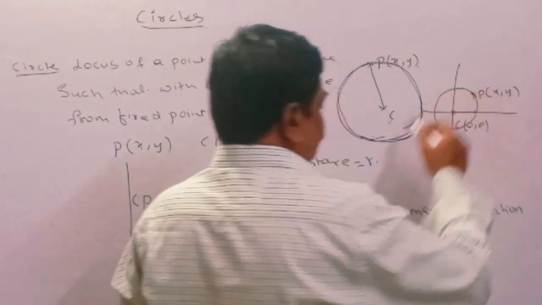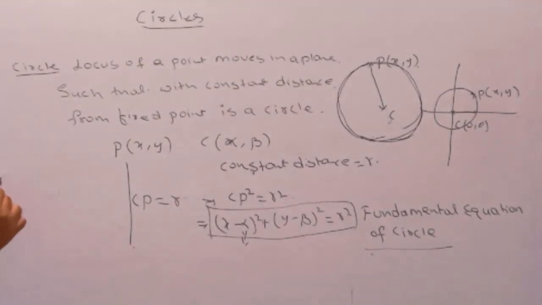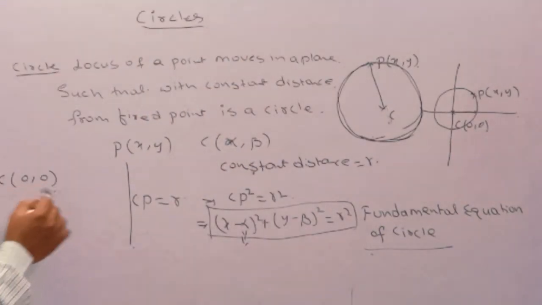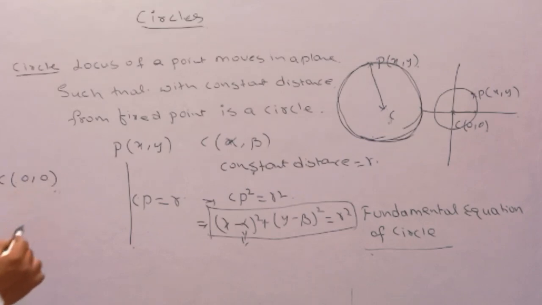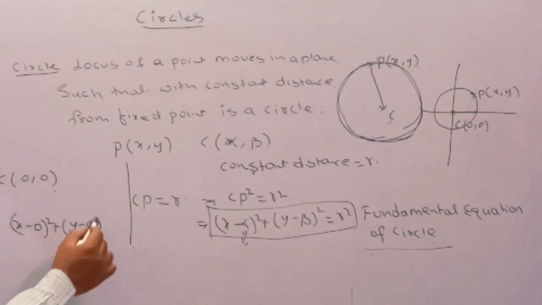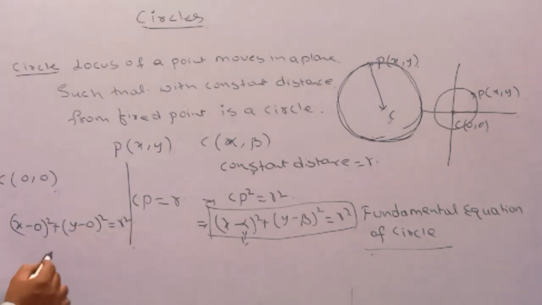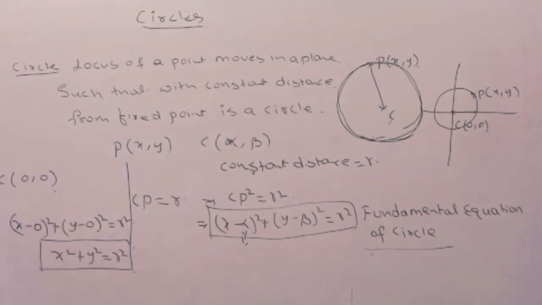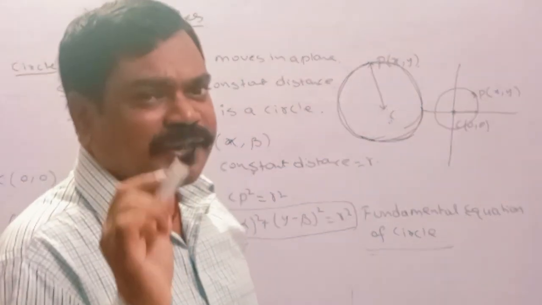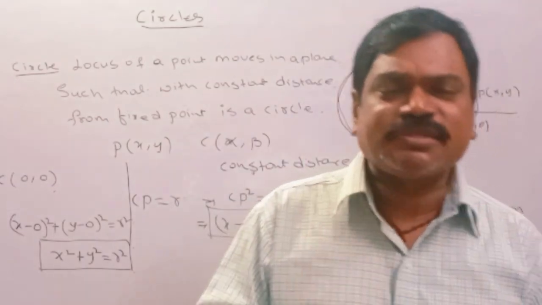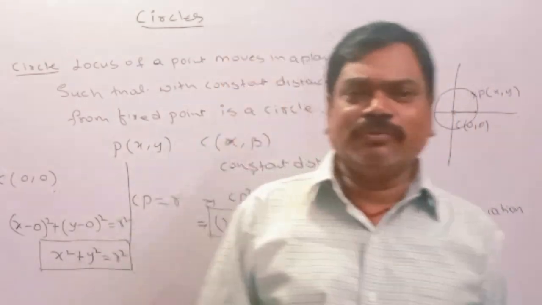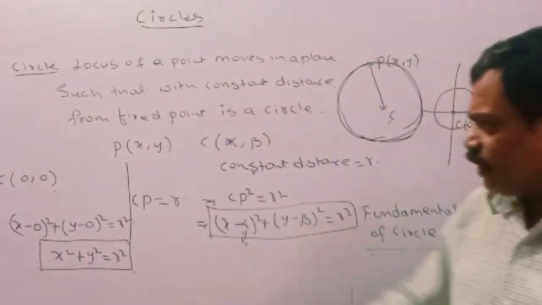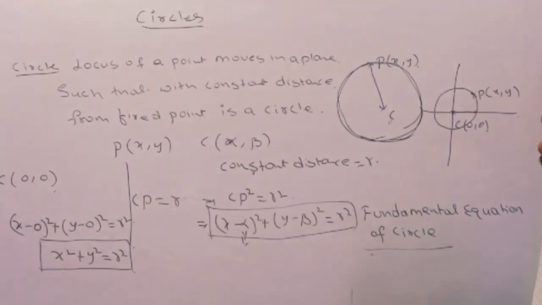Then the circle equation: if the center (0, 0) is there, then (x minus 0) whole square plus (y minus 0) whole square is equal to r square. This is x square plus y square is equal to r square, the circle equation with center (0, 0). Means the fixed point is (0, 0).